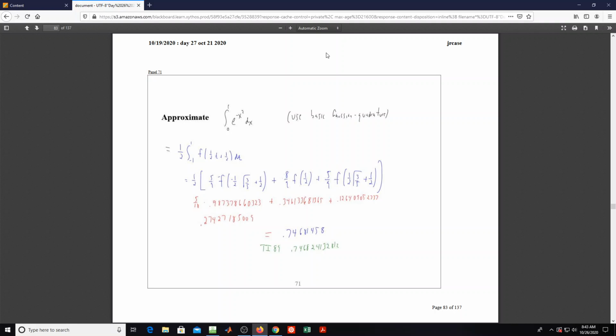The derivative is 1/2 dt, so we got to put the 1/2 in front. Evaluate at 5 ninths, 8 ninths, and 5 ninths. You add all those points up, and you get 0.74681. And the true value that I used was 0.74682. So you got four digits of accuracy just by evaluating it at 3 points.